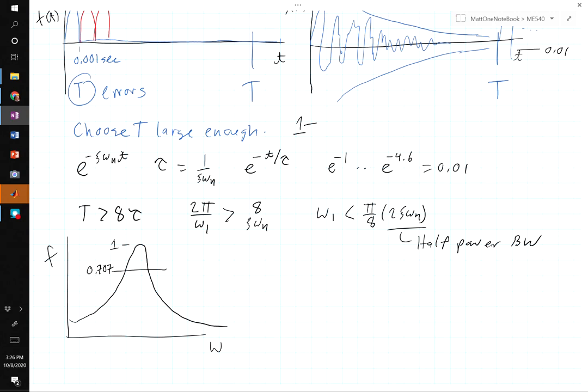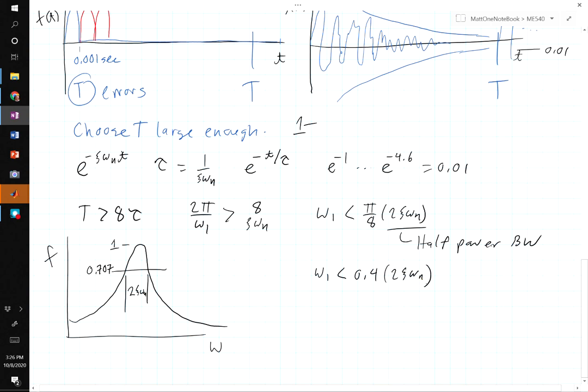So if we come down by half the power, then the width here is 2 zeta omega_n. And that's derived in the book if you want to see the full thing. So what this is saying is that omega_1, which is the frequency spacing, is roughly 0.4 times 2 zeta omega_n, or 0.4 times the half-power bandwidth.